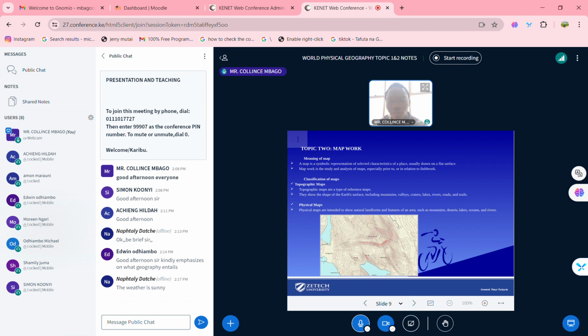Then we have physical maps. Physical maps are intended to show natural landforms and features of an area, such as mountains, deserts, lakes, oceans, and rivers. And you can see from that diagram, that one is a type of physical map.